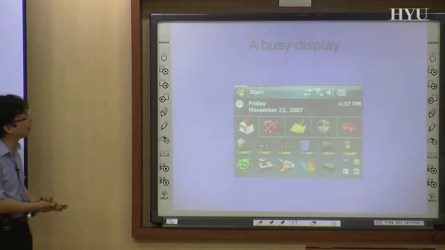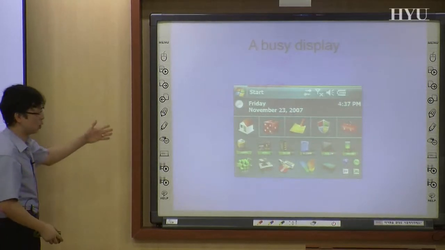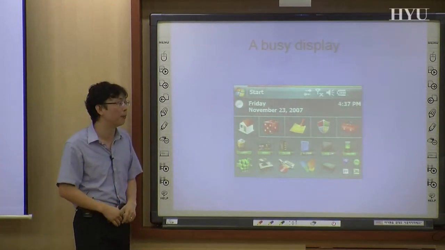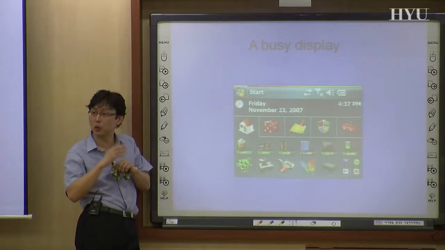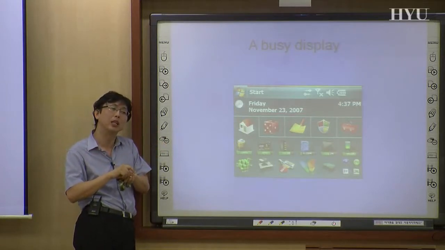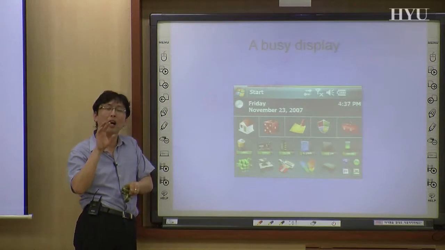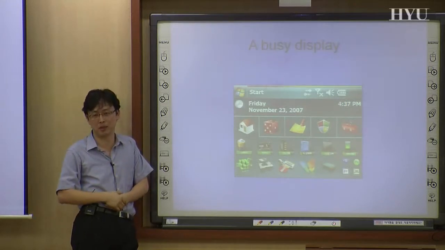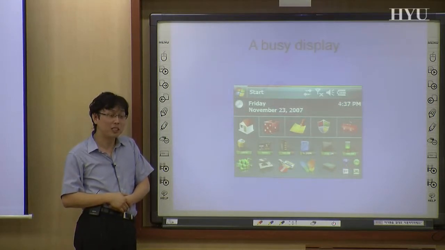That's why we cannot make a busy display like this one, because we can't process so much information at one time. That's why we have a very small number of icons on your mobile display, or in computer applications. Even with a large screen, you have a very small number of icons or menu items. How many menu items are in Microsoft Office?